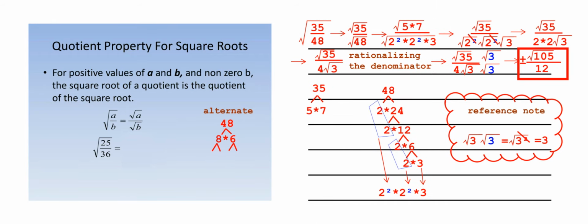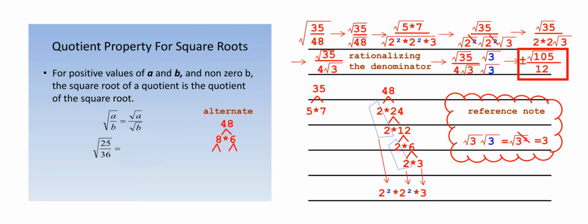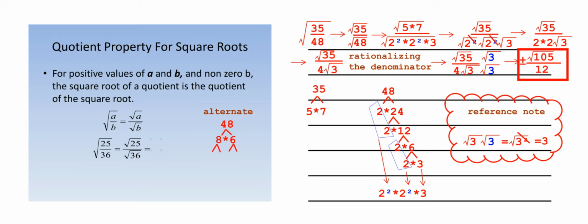But going back to our original expression, square root of 25 over 36, that's another example, right? So another example, let me get rid of this here. Square root of 25 over 36. Keep in mind, just to recap, we can split up into individual radicands, square root of 25 over square root of 36. Hey, what is the square root of 25? Did you say 5 by any chance?